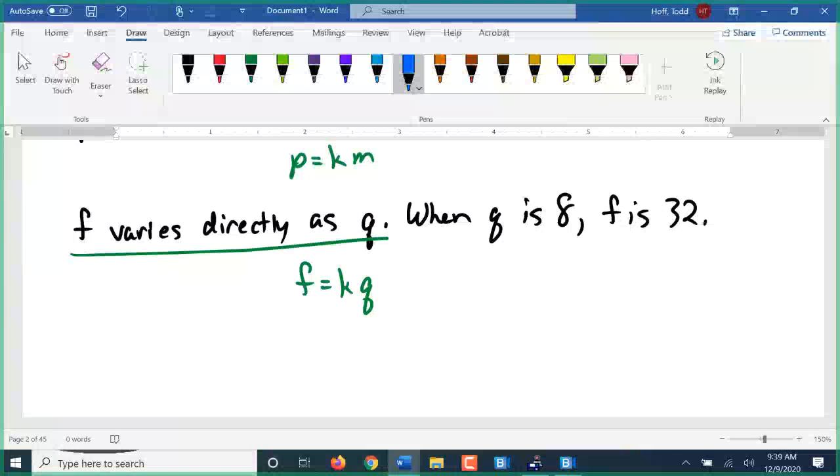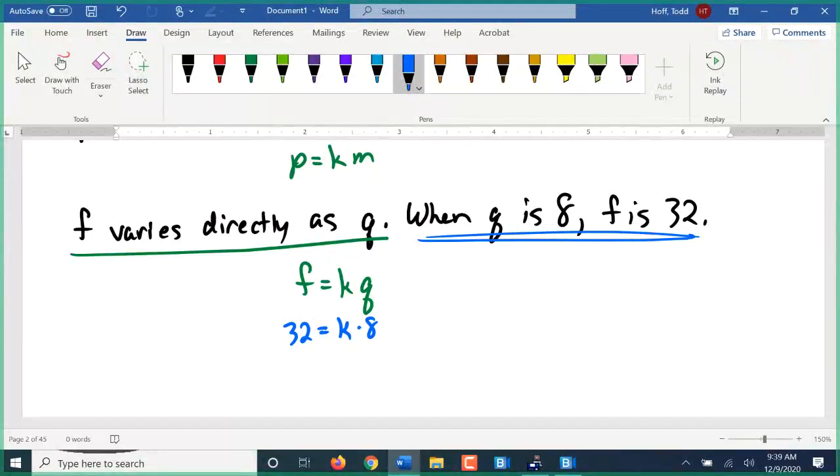But then we also have that when Q is 8, F is 32, which means we can find out what K is. We put 32 in for F. We leave the K there. We put 8 in for Q. K is now the only unknown in this relationship.